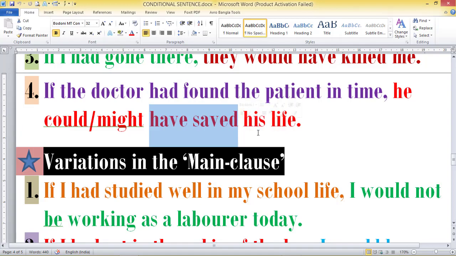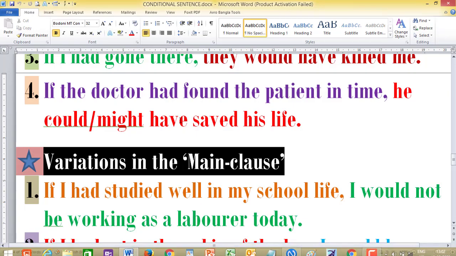Have plus the third form of the verb is called perfect infinitive. So here also the action is past, the time is also past, not present. Something did not happen in the past, and the result was negative or positive.